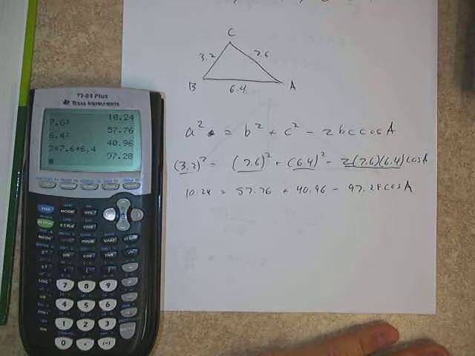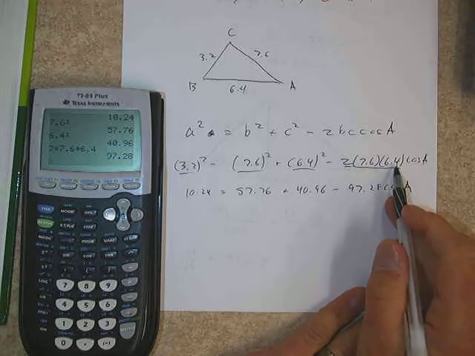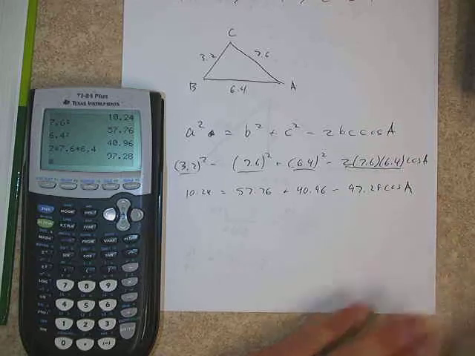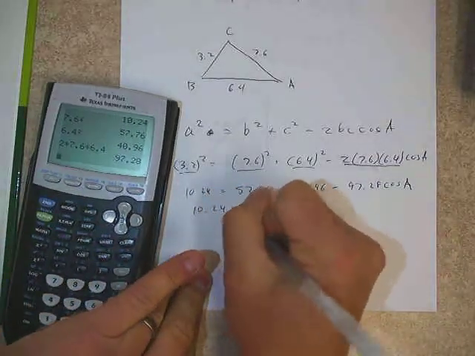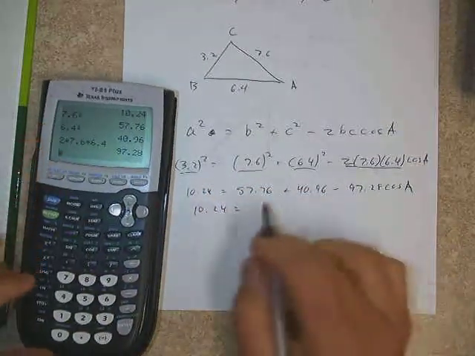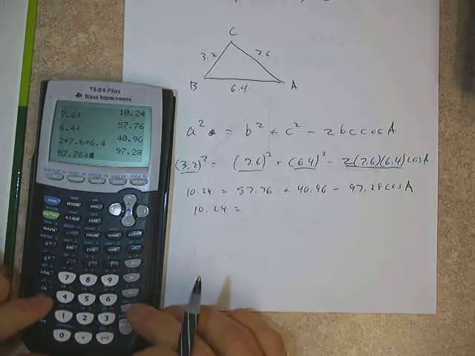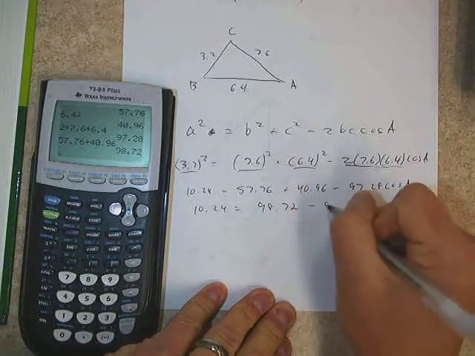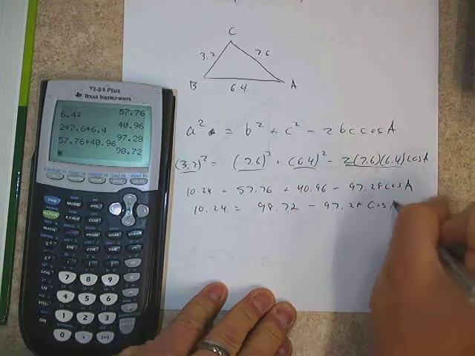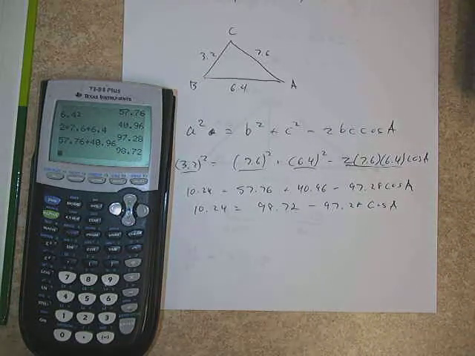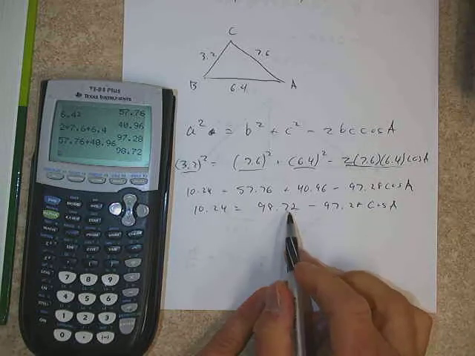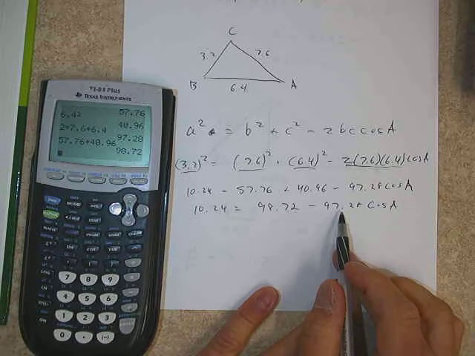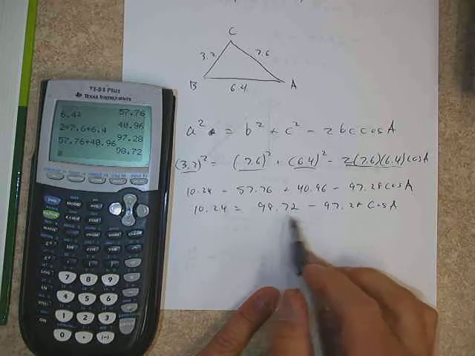And then if we multiply 2 times 7.6 times 6.4, we get 97.28 times the cosine of A. So the steps are: evaluate the three squares, multiply the 2BC part, and then add, because ultimately we want to get A by itself. Let's add these two, 57.76 plus 40.96. We get 98.72 minus 97.28 cosine A.